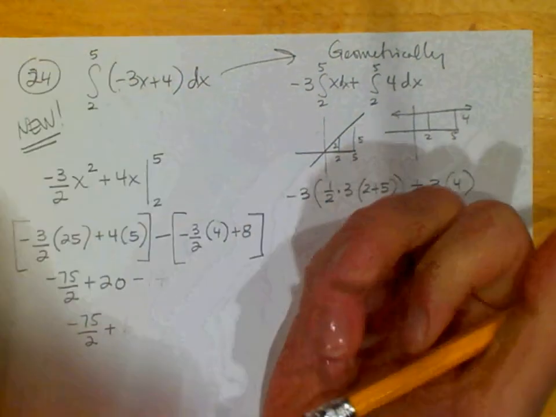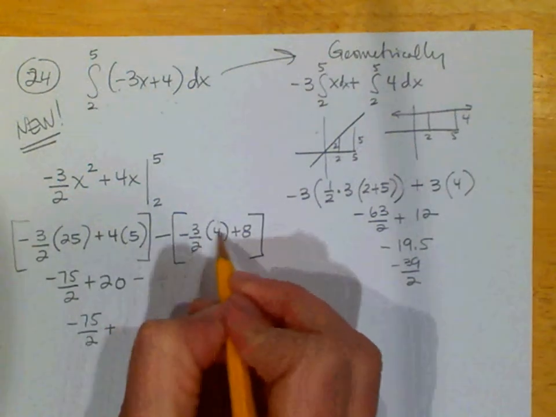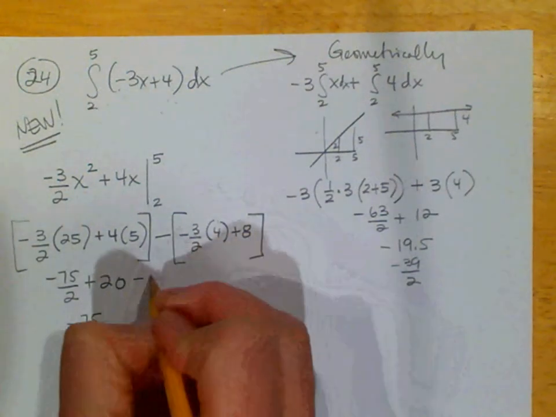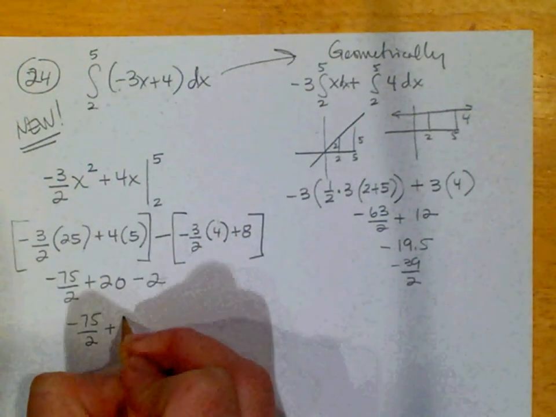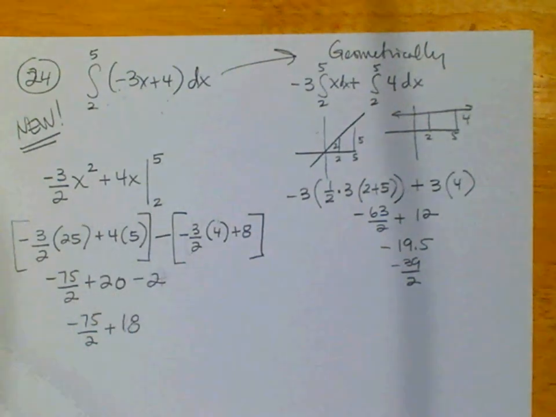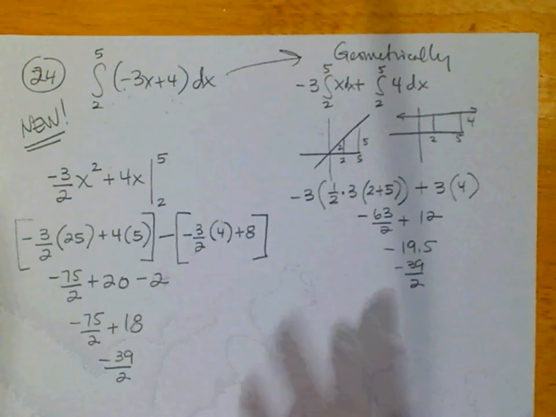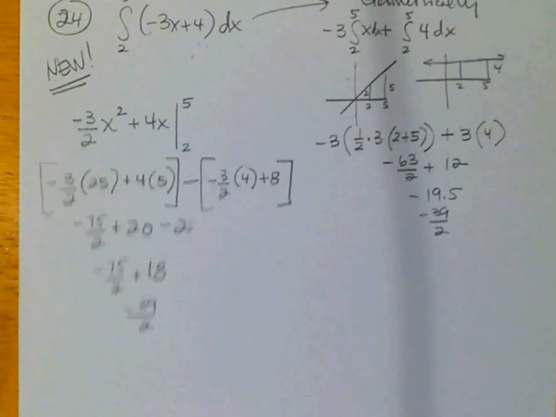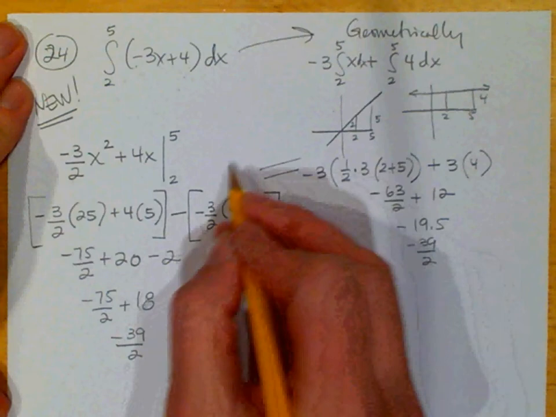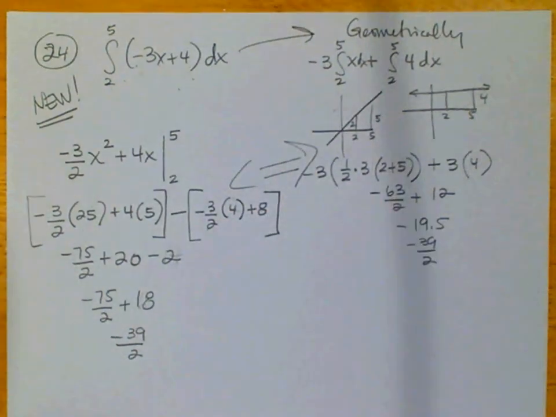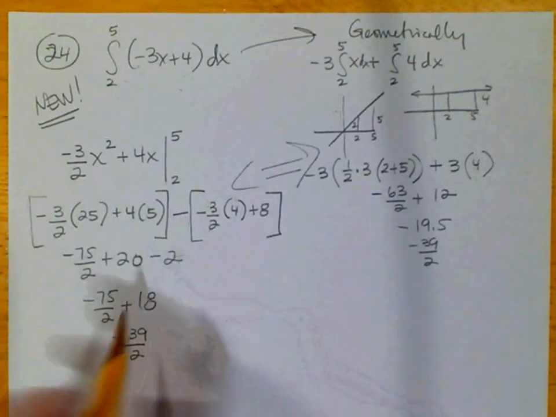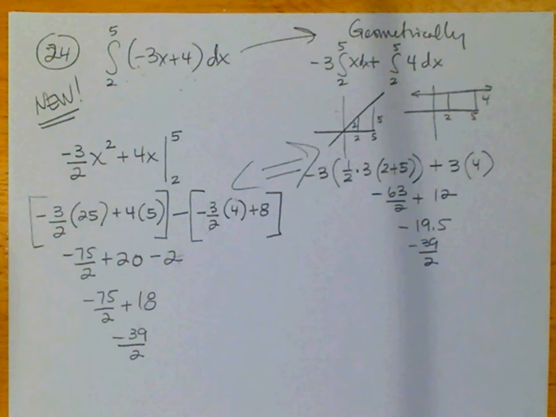Yay. So this is negative 6 plus 8, which is 2, not 14. So this is plus 18. Let's see if that's any better. Negative 75/2 plus 18. Yeah, it is. Of course, it would have been much better had I done it right the first time. Negative 39/2. Two equivalent ways of doing the problem, but now we're going to try to use this first fundamental theorem as often as possible.